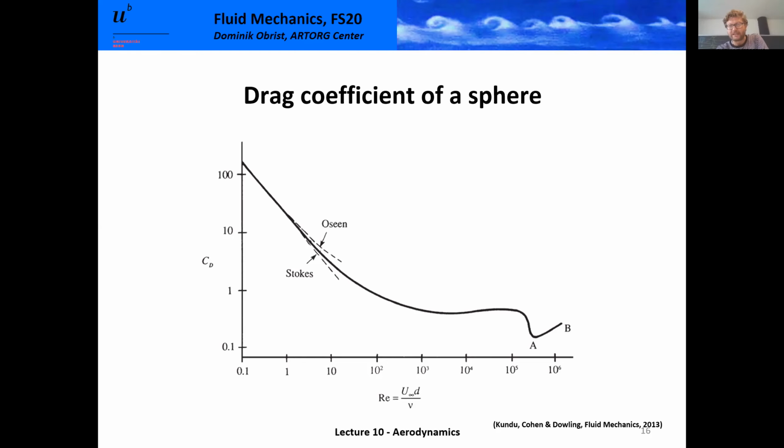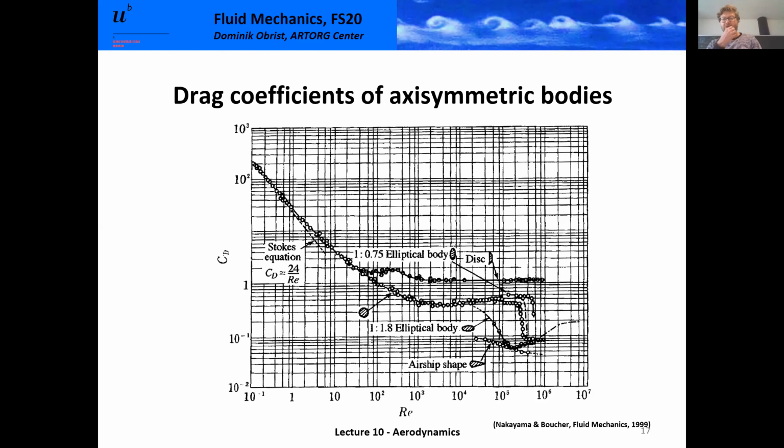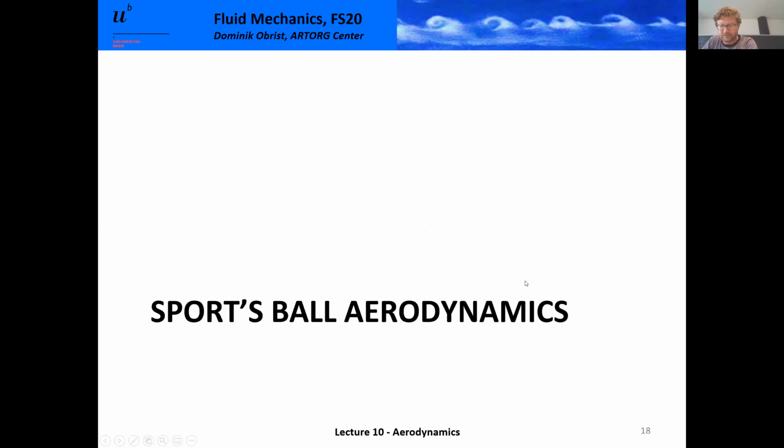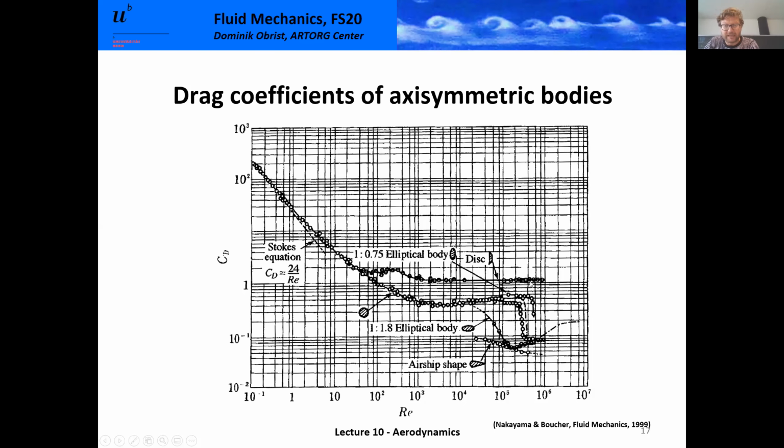Let me just quickly close this part by looking at this diagram, something for you to remember, because I think it's quite a fascinating result. We see here again drag coefficients for a sphere, this line here, and also a bunch of other axisymmetric bodies. For instance, a disk here, which has an almost constant drag coefficient of roughly 1.